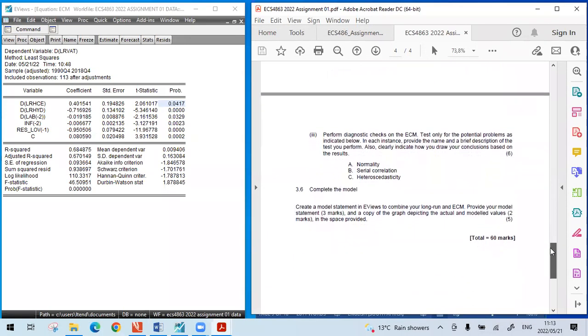Here, that's the question. Perform diagnostic checks on the ECM. So don't make a mistake and click on equation 1, because we want to perform some checks on our error correction model, right? Test only for potential problems indicated below.